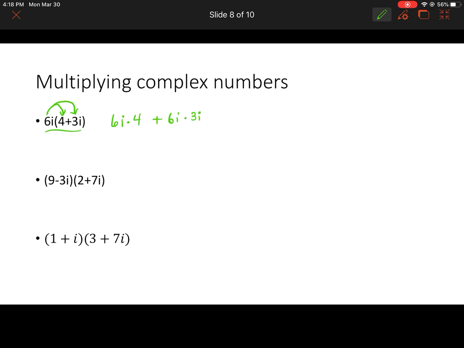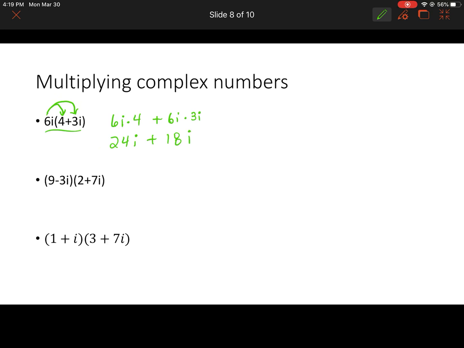Okay, now 6i times 4, you just want to multiply the numbers out. 6 times 4 is 24. And then because we have i, we're going to leave that on there. And on the other one, we have 6 times 3. You want to multiply the numbers first. 6 times 3 is 18.